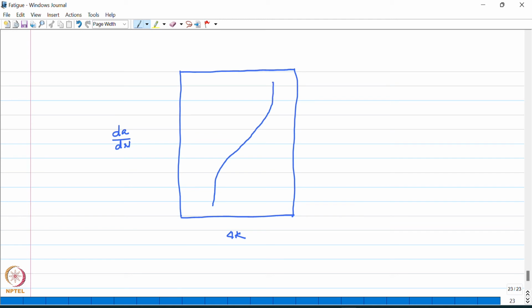So in this plot, there are basically three regions. Region 1, region 2, and region 3.